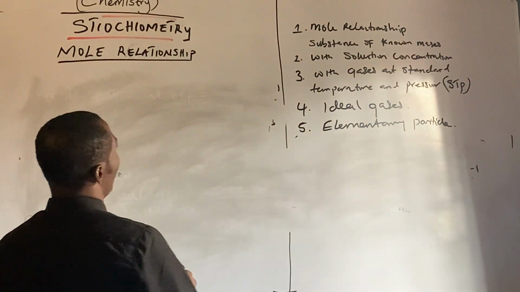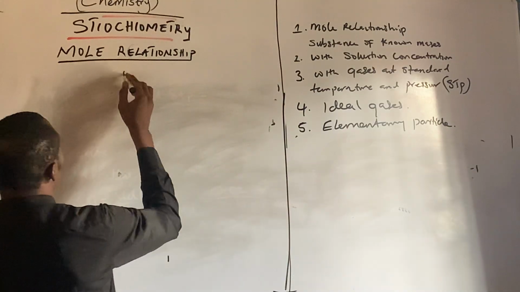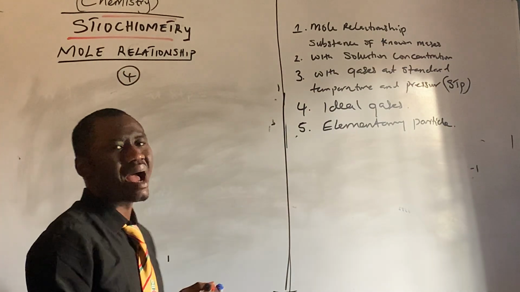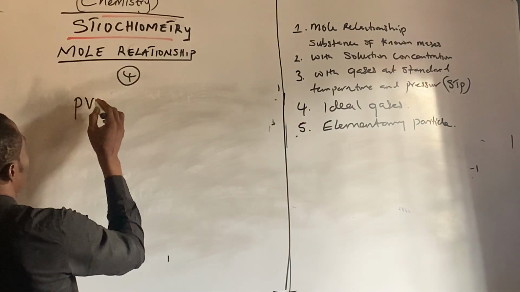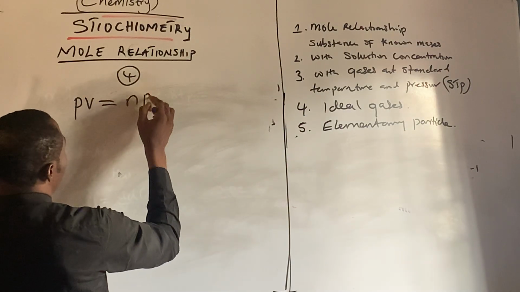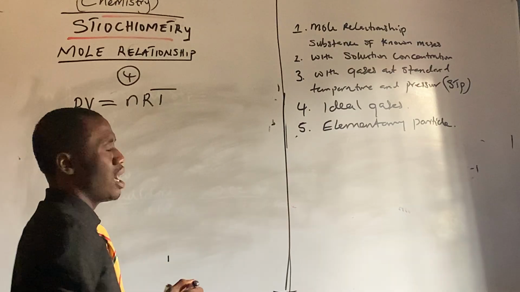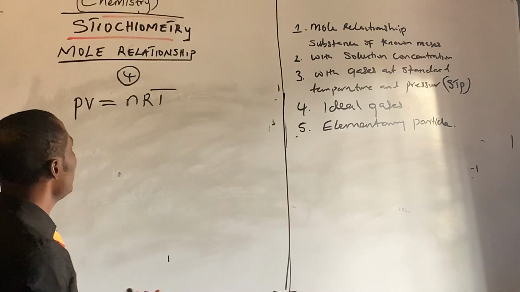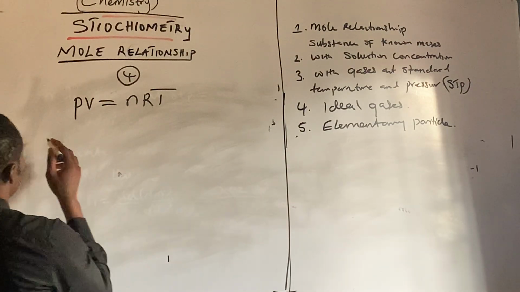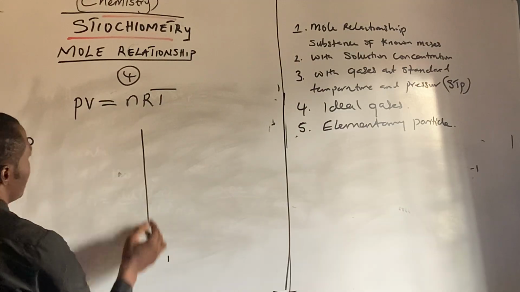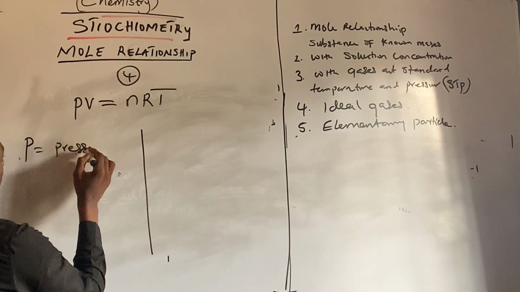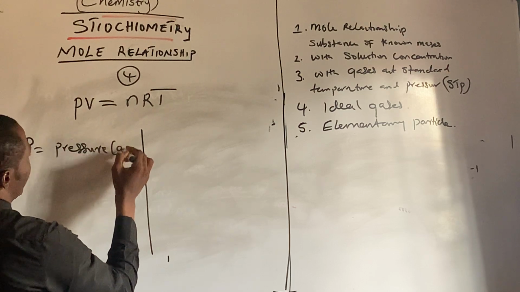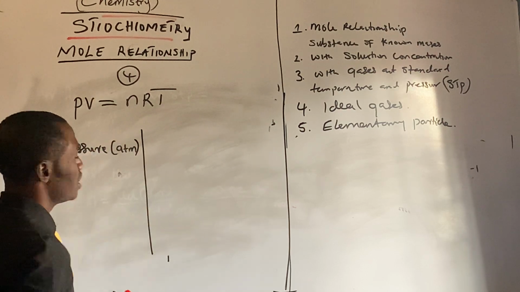Now for number 4, I need to write my ideal gas equation, which says that PV is equal to nRT. Now, what are we looking for? We need to list out the parameters that we have. The P there is the pressure, which is in atm, atmospheric pressure.